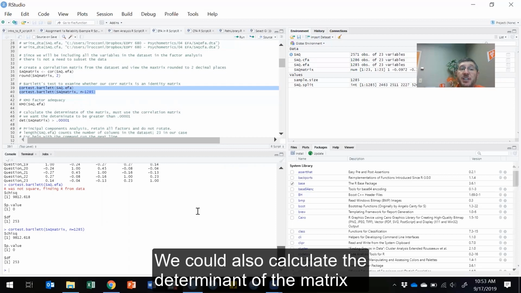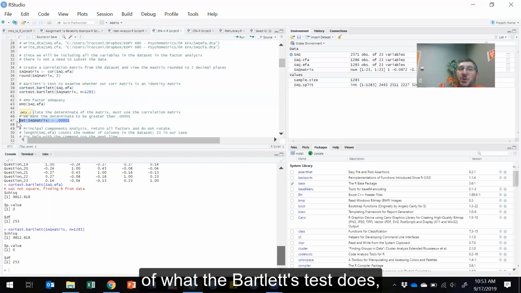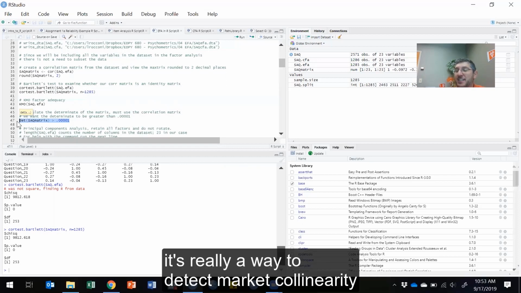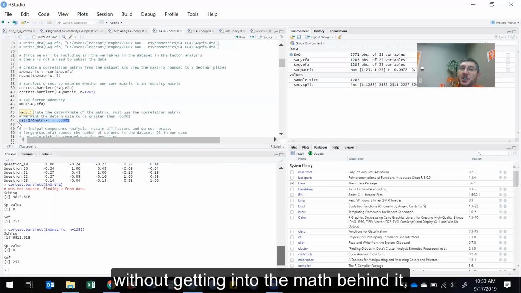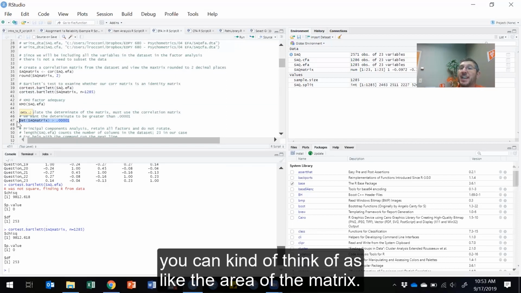We can also calculate the determinant of the matrix, and this kind of gives us the opposite of what Bartlett's test does. It's really a way to detect multicollinearity. Without getting into the math behind it, the determinant of the matrix you can think of as like the area of the matrix.